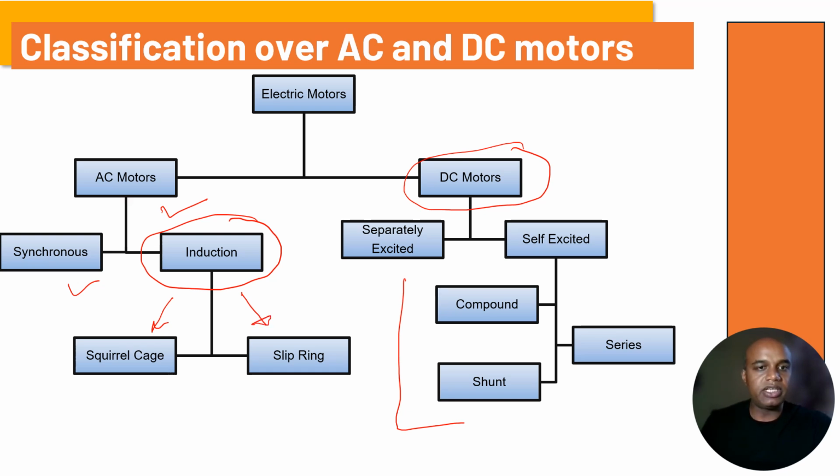These two variants are classified based on the rotor design. For the three-phase induction motor, we have two types of rotor design, one a squirrel cage and the other a slip ring, and based on the rotor design, the two classifications of the induction motor have been given here.